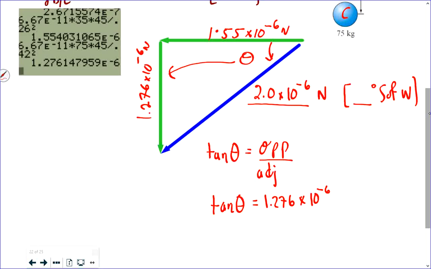I want to just check here, you're using the E thing, right? Over 1.55 times 10 to the negative 6. So you would calculate that. Yeah, okay.